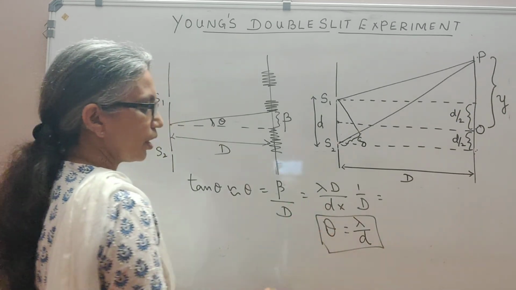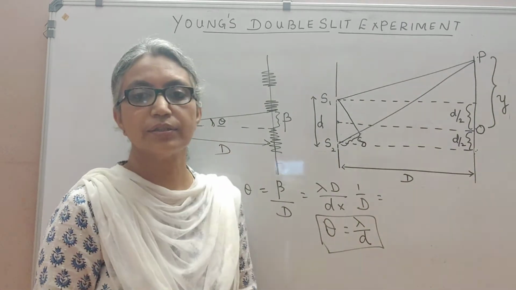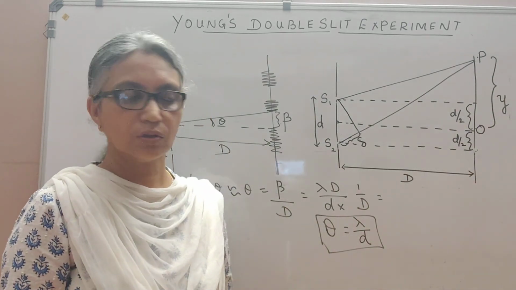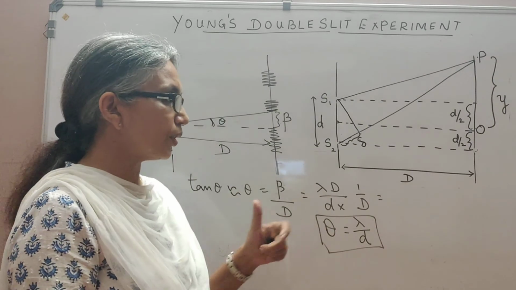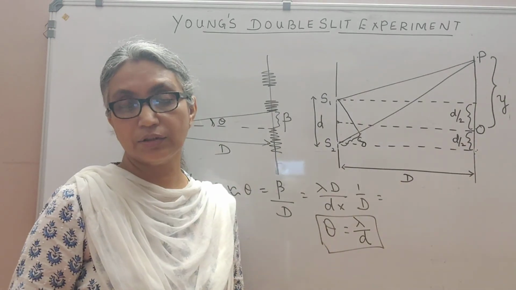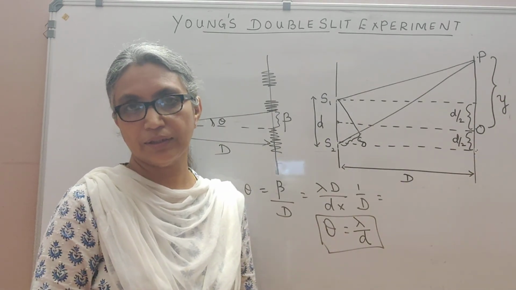So angular fringe width does not depend on capital D, it is simply lambda by small d. So this is called the angular fringe width, and beta is called the linear fringe width or linear bandwidth.